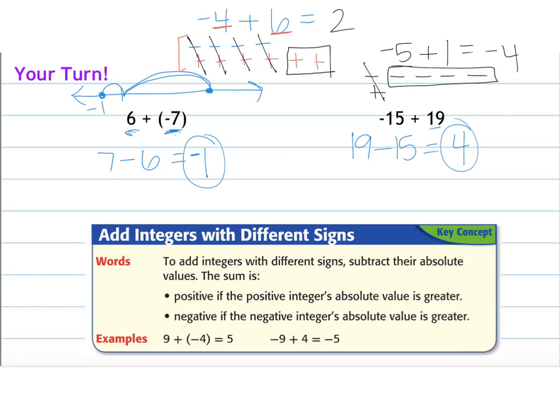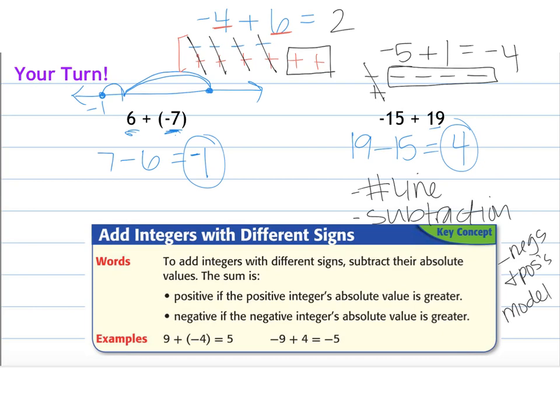So whichever strategy works for you, the number line, the subtraction and then figuring out the sign, or the model, like actually drawing out negatives and positives, whatever works for you right now at this moment, that's what you should use.